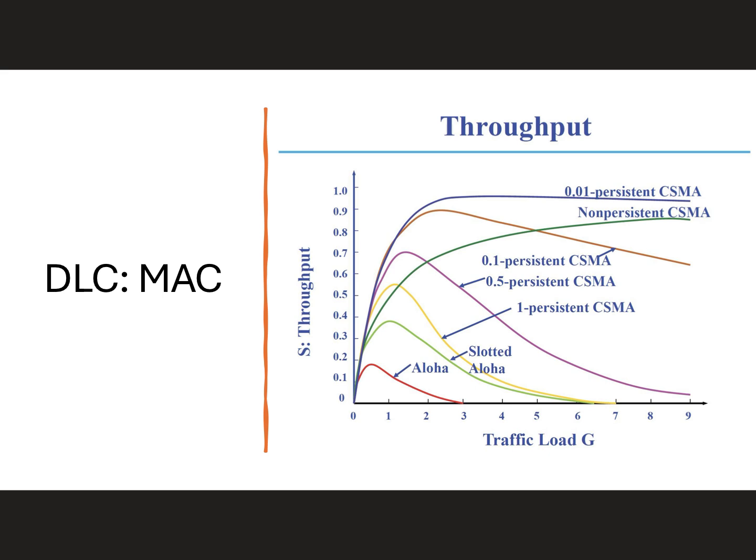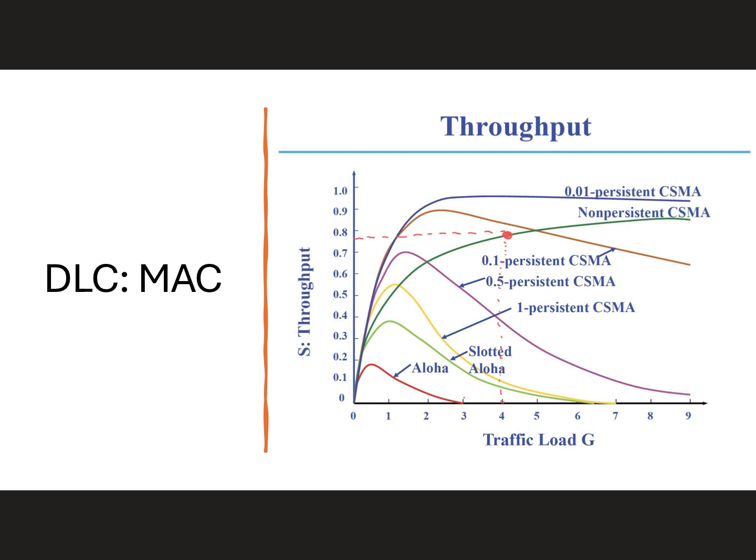Given a particular normalized traffic load, you should be able to calculate the corresponding throughput. So, for example, if I give you a normalized traffic load of 4, and I ask you to calculate the throughput for non-persistent sigma, you will take that here. Here is the curve for the non-persistent, and here's the corresponding throughput, and you can get it from the figure. Right? So that's one thing.